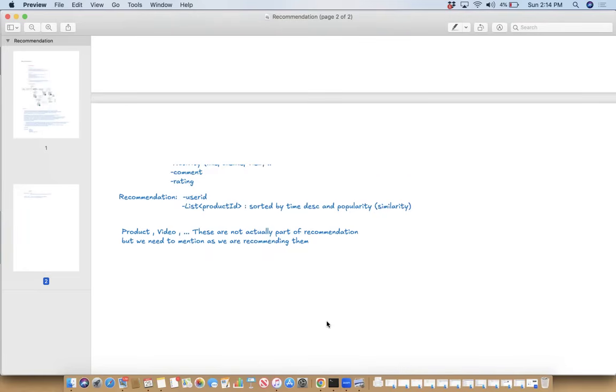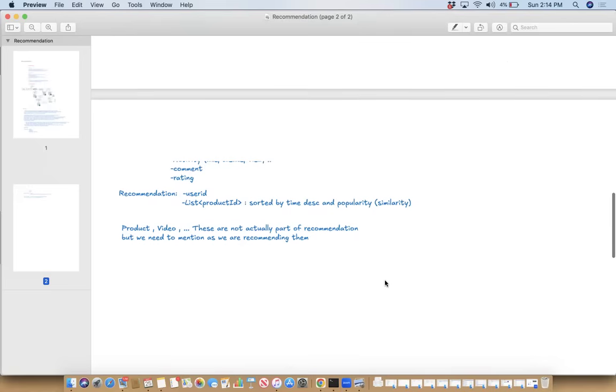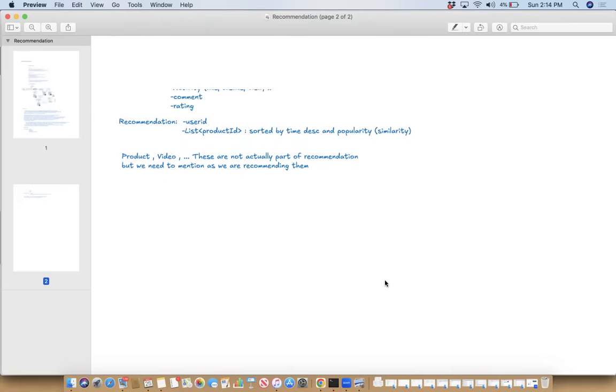This list needs to be sorted by time, from the latest to the oldest, and also by popularity. Popularity means similarity. So for each user, we will have a list of product IDs sorted by similarity score, the highest first, and by timing, the most recent first.